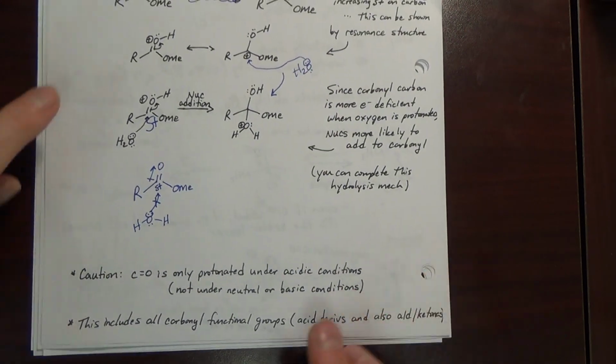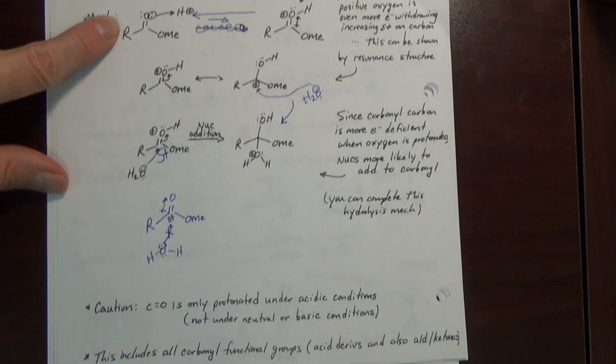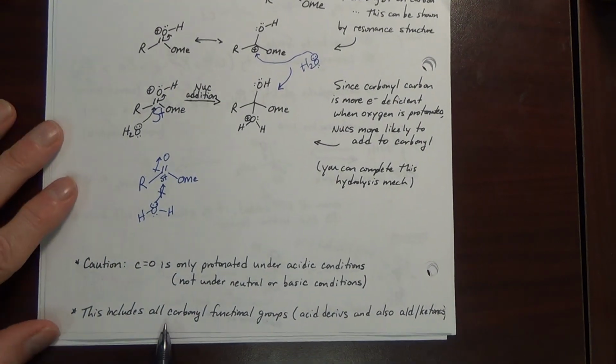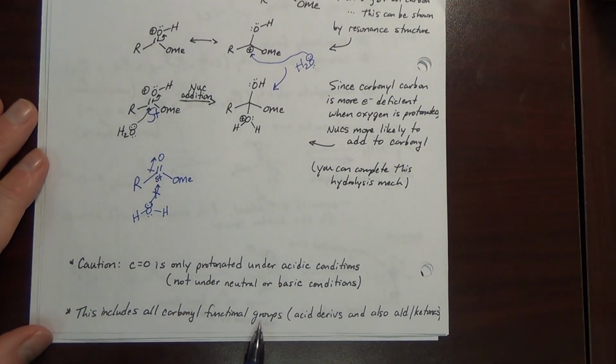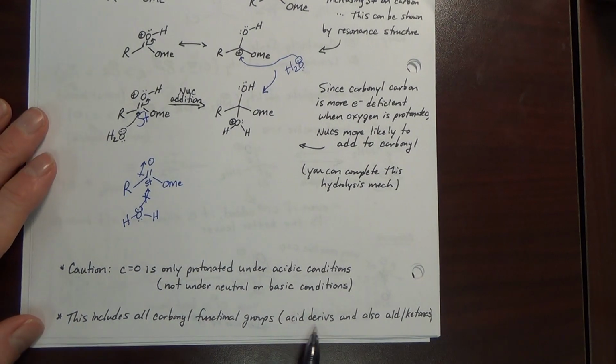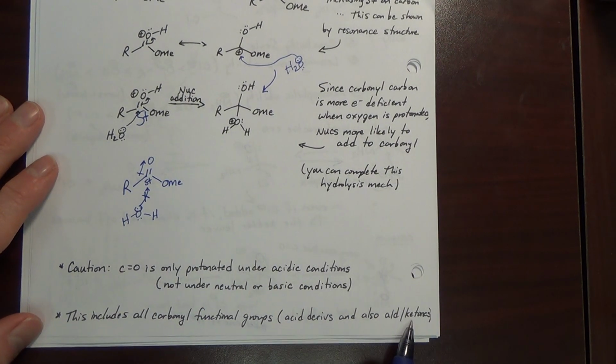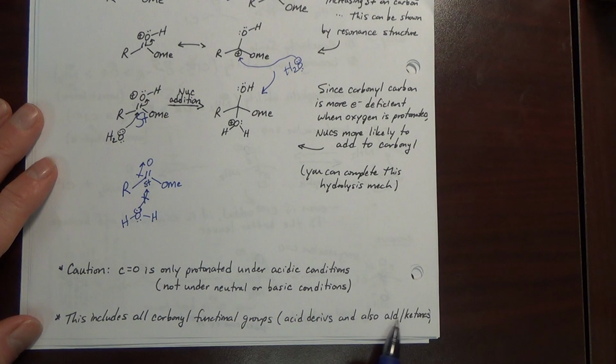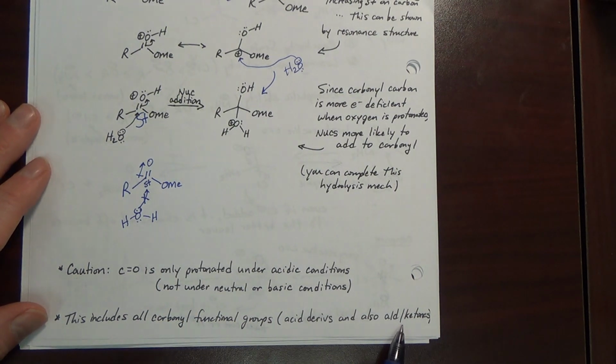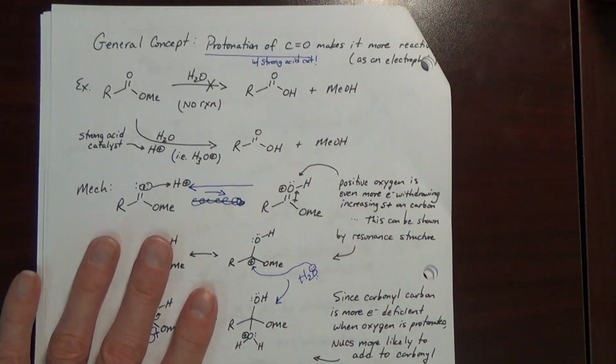I showed this just with an ester, but this applies to all carbonyl functional groups. Acid derivatives, but also aldehydes and ketones. When we get to test 4, we'll be protonating the carbonyl of aldehydes and ketones as well. So it's a very general concept.